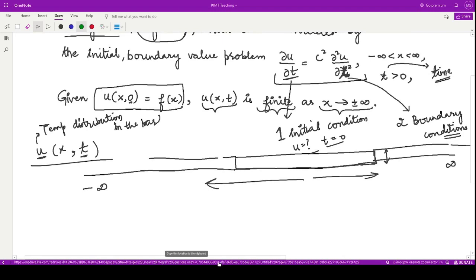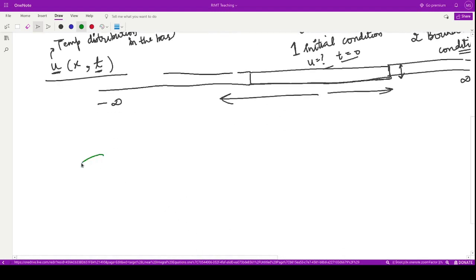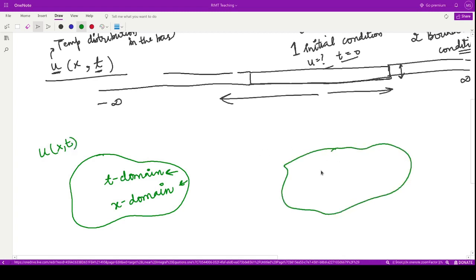Now what we are going to do using Fourier transform: we have our equation here in the x domain, or you can call it the t domain, because u is a function of both x and t. So we are moving on to the frequency domain through the Fourier transform.